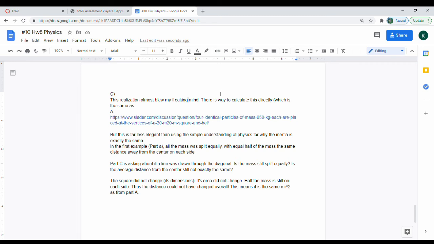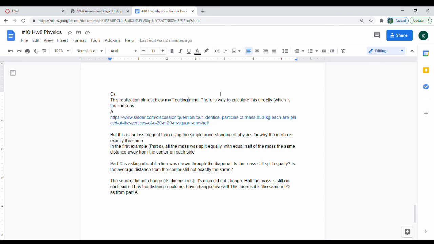The square did not change its dimensions. The area did not change the dimensions. Half of the mass did not change its dimensions. Half of the mass is still on both sides. And the average distance could not have changed. It's the same shape. It's being cut up into the same equal pieces.